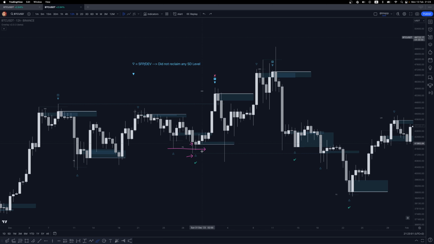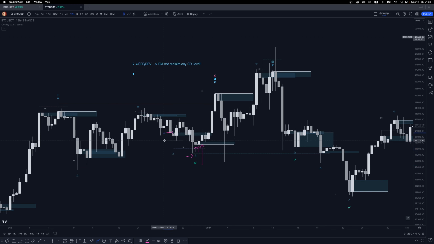And remember that the SD blocks have 2 confirmation bars. So this is the low. This is confirmation bar 1, confirmation bar 2. So the signal locks in on this bar here. This is the bar where this signal appears. And as you can see, this bar here is not higher than the top of this SD block, the previous one.